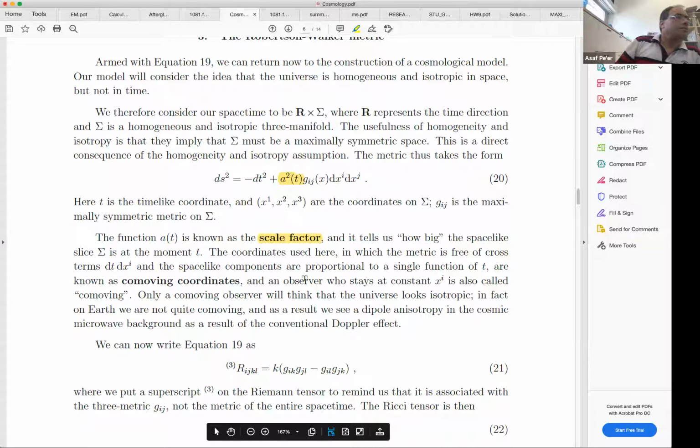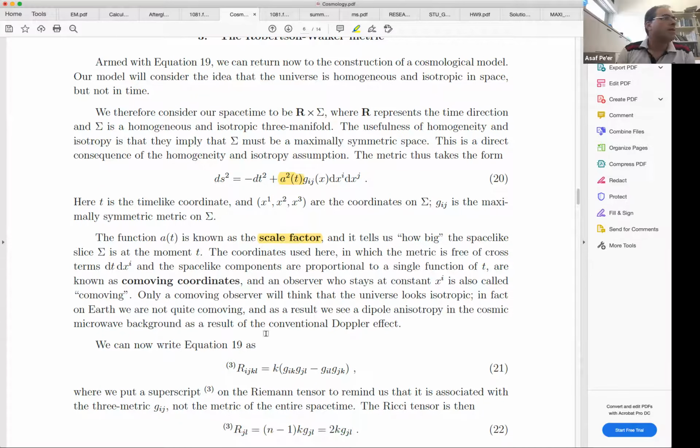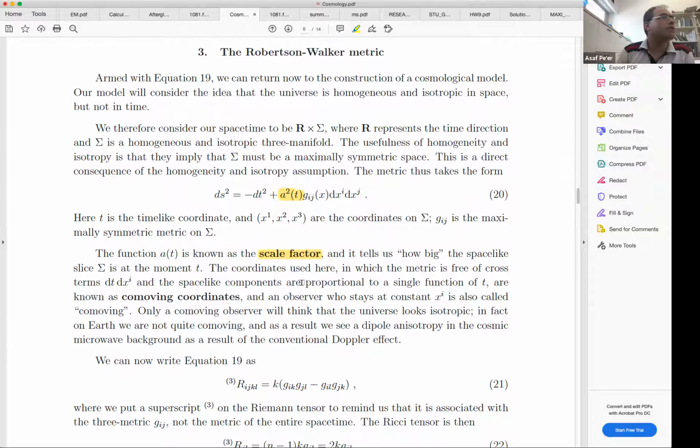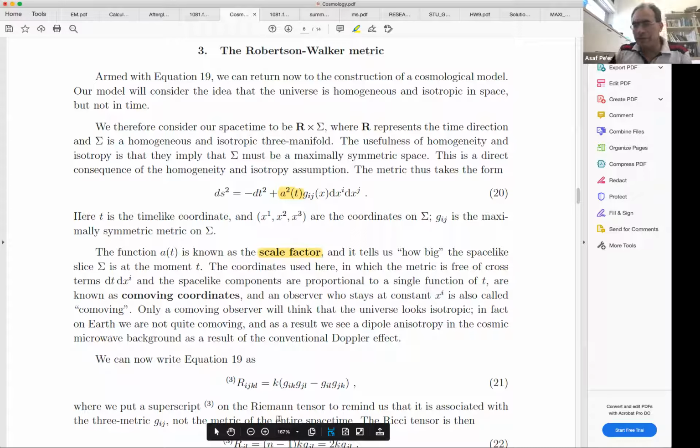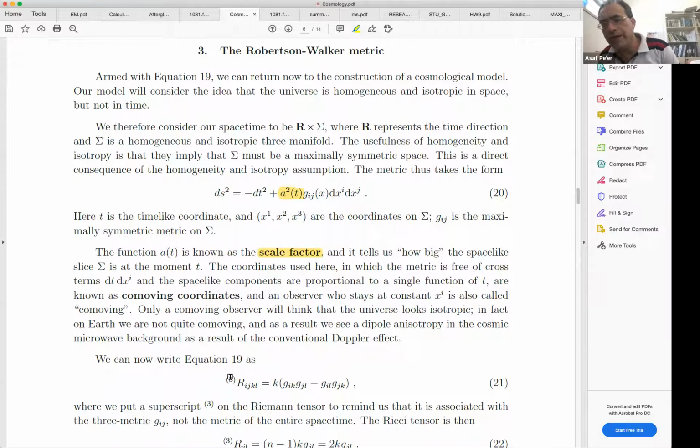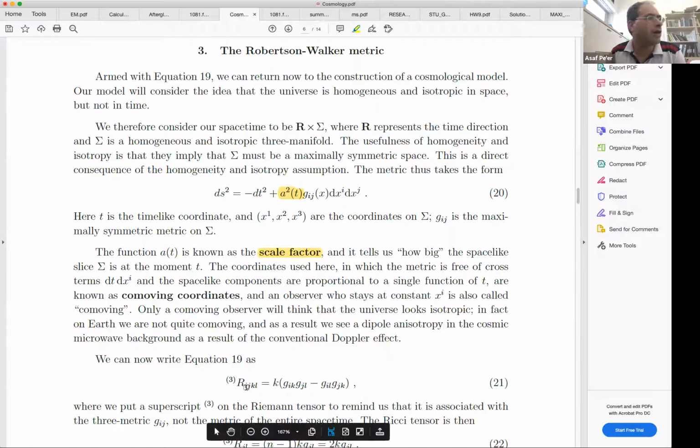Now, well, we didn't have this mathematical derivation for nothing. We write down this equation that we just derived of the Riemann tensor in a maximally symmetric space. But now I add this superscript 3 to represent the fact that we're really talking about only the 3-space, not the 4-space. So Rijkl is just k, this constant that we had, times Gik Gjl minus Gil Gjk.